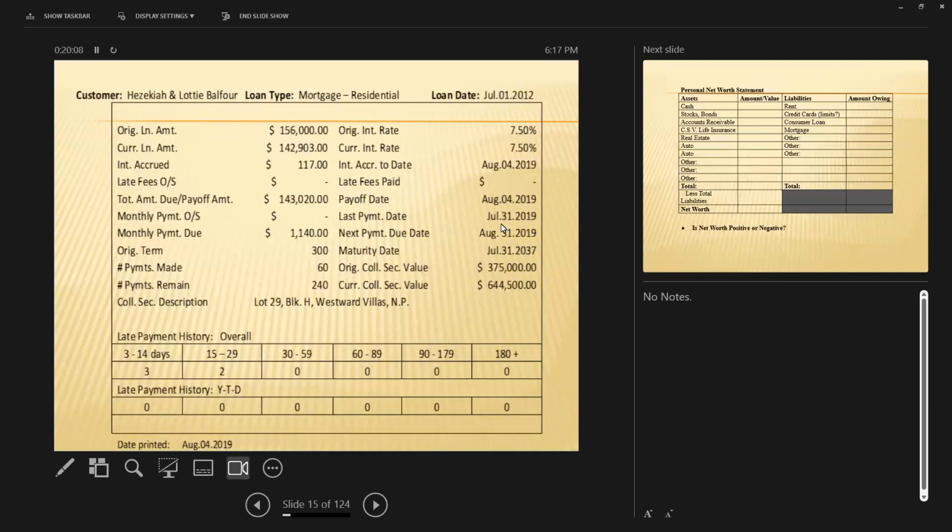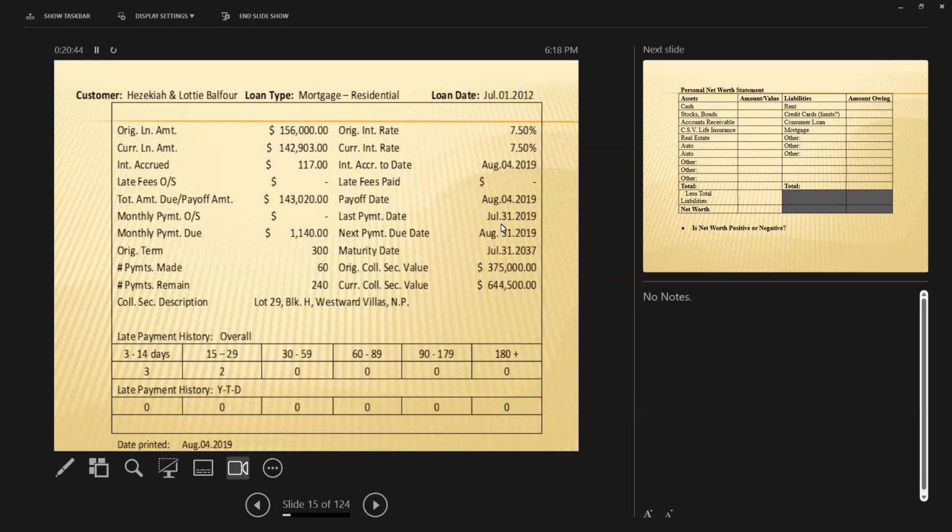A similar thing for the mortgage. There were two payments that were in between the 3 to 29 days. In the first block, 3 to 14 days, it was three times late. 15 to 29 days, twice, but it never went to where it was two payments past due. Okay, so it never went into the 30 to 59 day category.